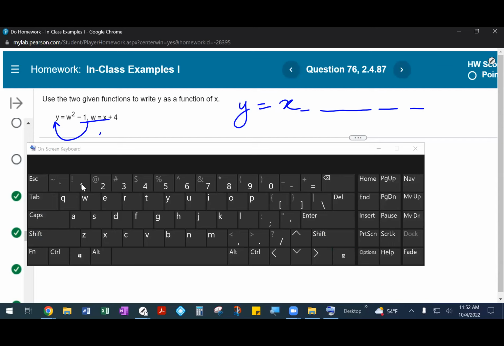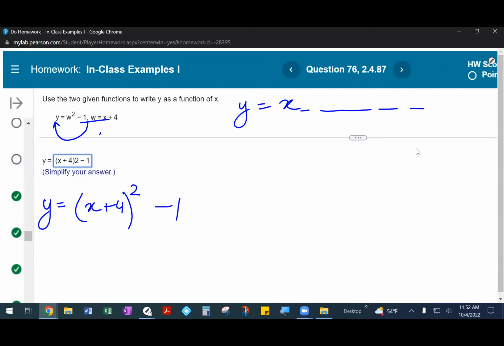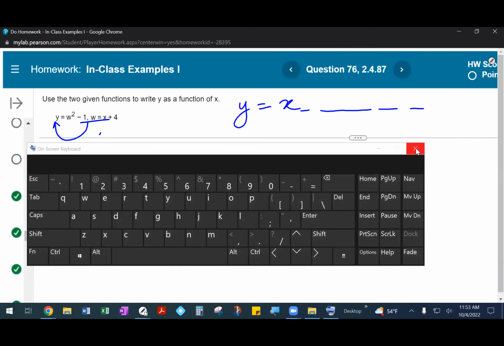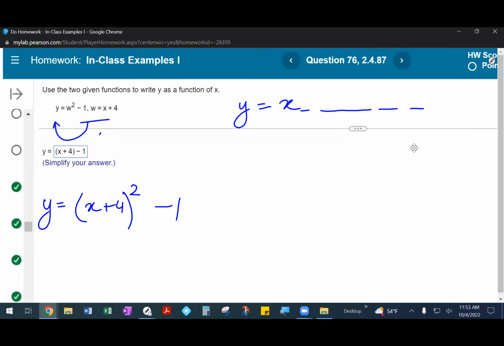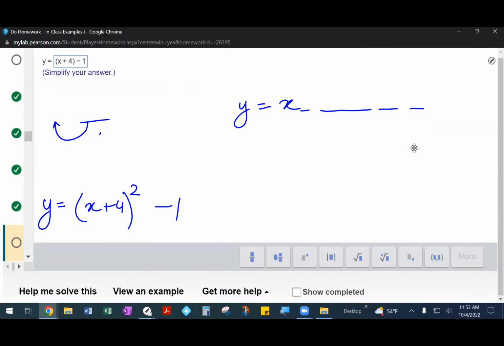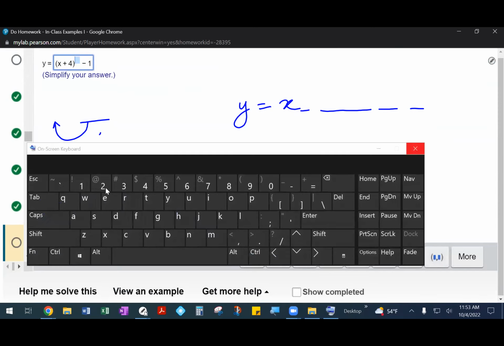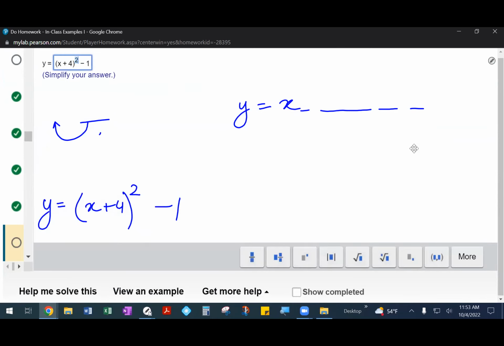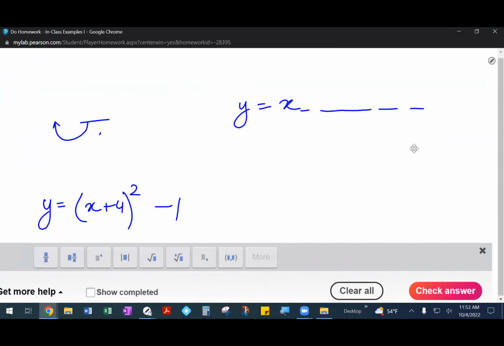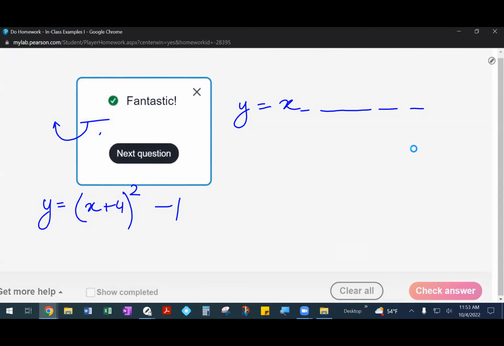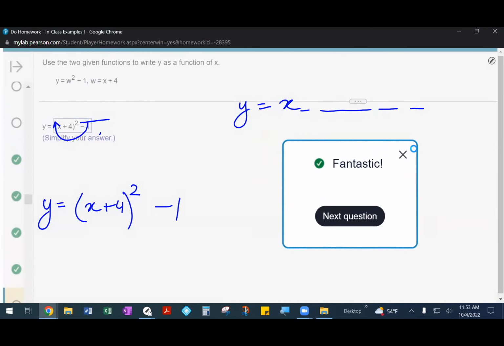And then minus one. Right, let's check that. That looks good.